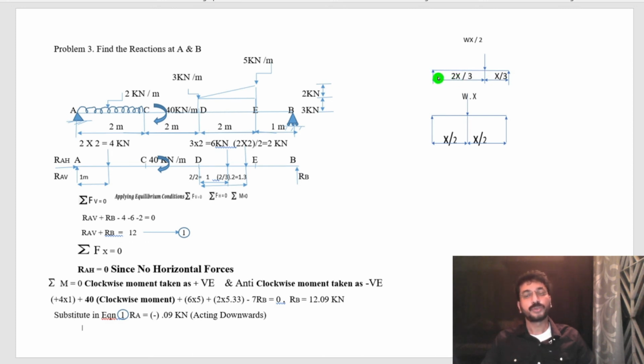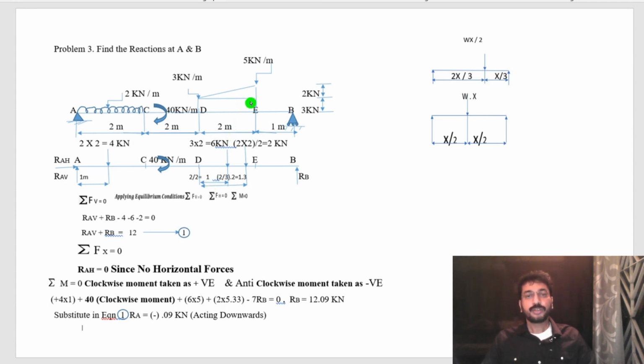Here, 3 into 2 is the magnitude of the resultant force, or the equivalent load of the UDL, which acts at a distance x by 2, here 1 meter, and 3 kN is the intensity of load for the UDL from D to E. Then 3 into 2, 6 kN, is the resultant force acting at the midpoint of DE, that is at a distance 1 meter from D.